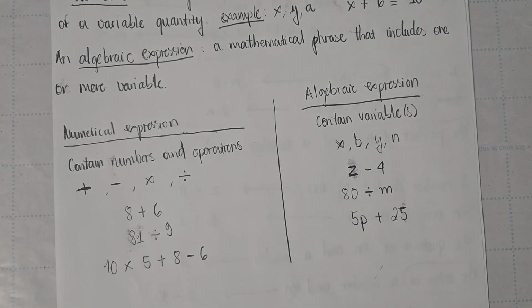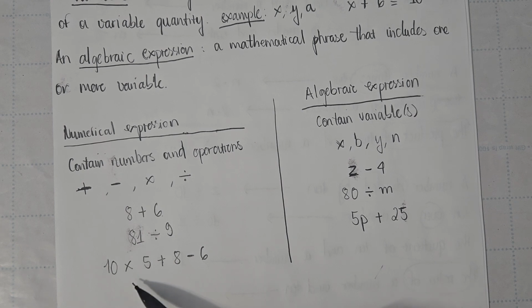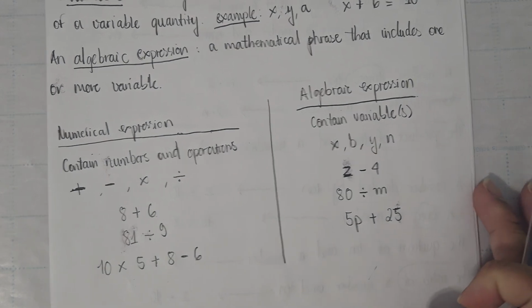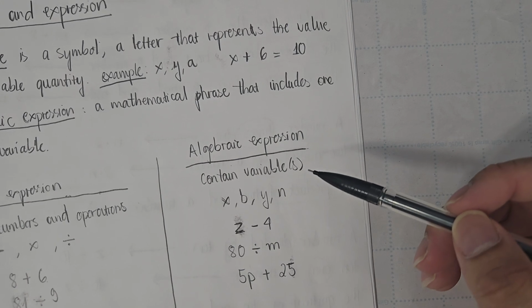For example, we have 8 plus 6, 81 divided by 9, or even 10 times 5 plus 8 minus 6. And on the column on the right, we have the algebraic expression.